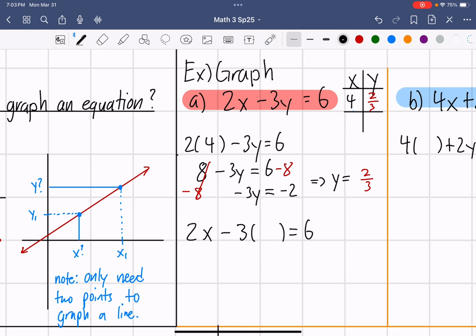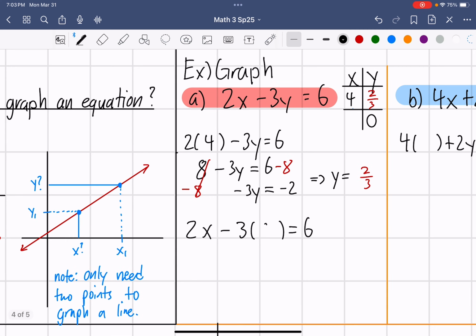Now, we sometimes get into the habit of always choosing x's. You don't have to always choose x's. You can choose a y value, which if you notice, I already have it set up here. I'm going to plug in 0, which gives me 3 times 0. This cancels, leaves me with 2x is equal to 6. I can divide both sides by 2.